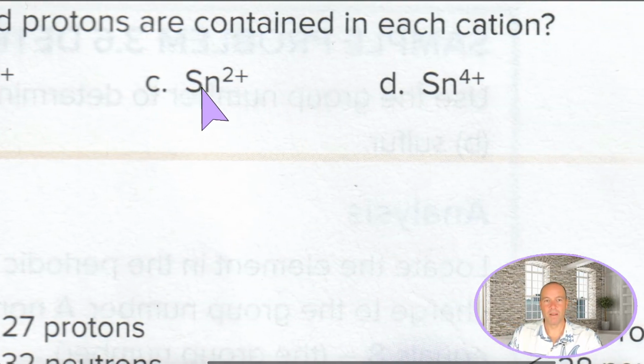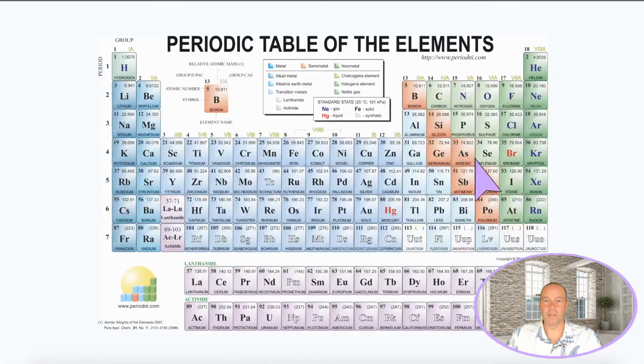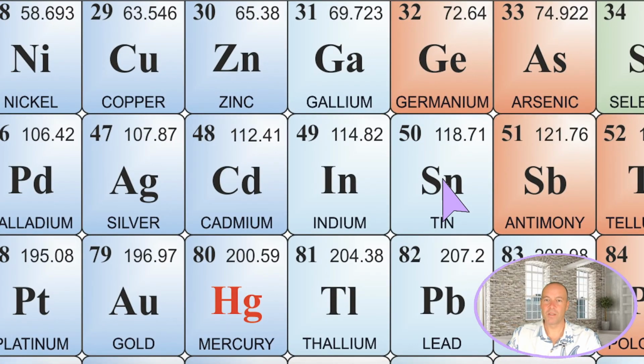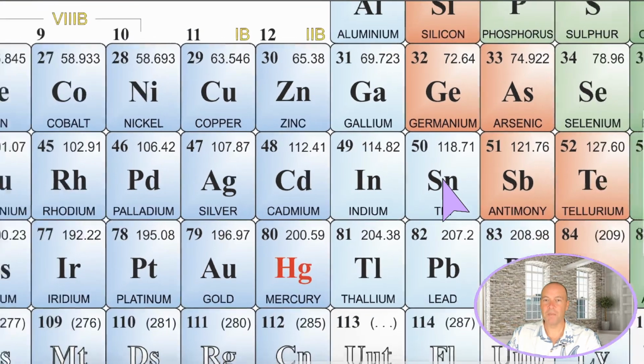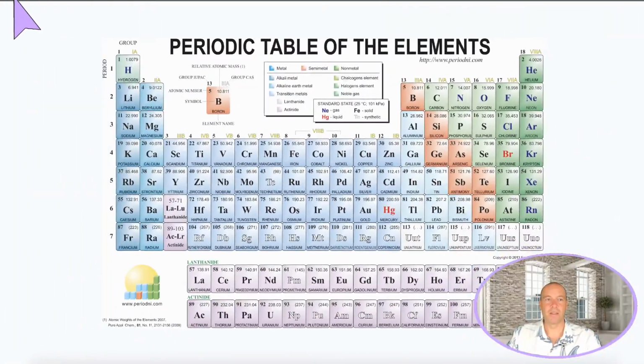Okay, but what about Sn2+ and Sn4+? This is tin 2+ and tin 4+, the element tin, after the Latin name stannum. So let's find tin on the periodic table. Here it is, down there somewhere, element number 50. So tin atoms have 50 protons and 50 electrons.